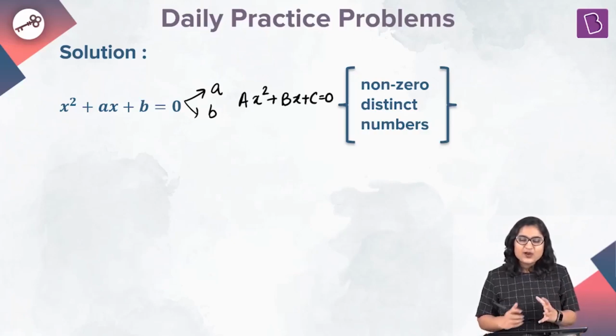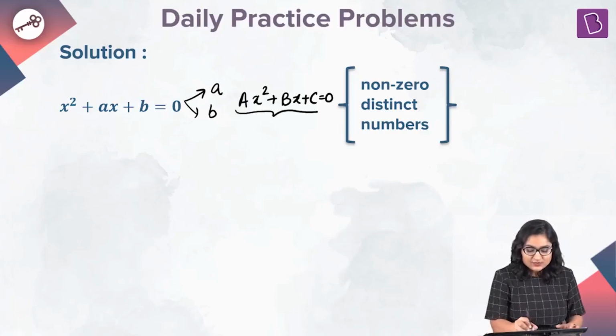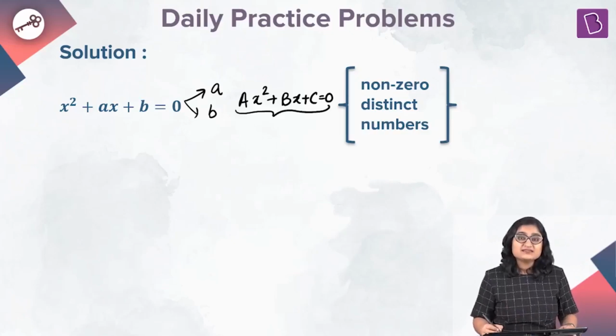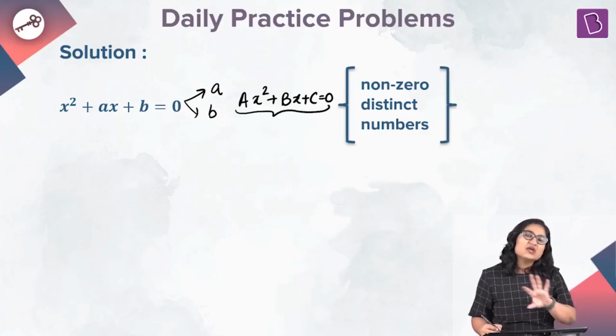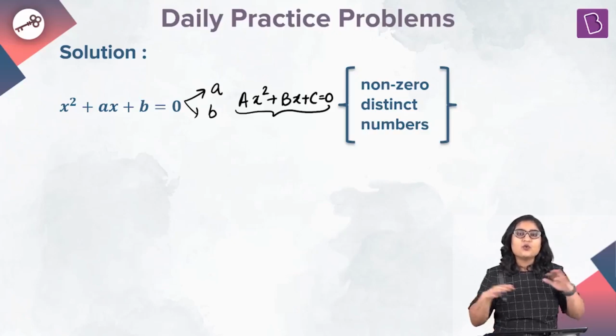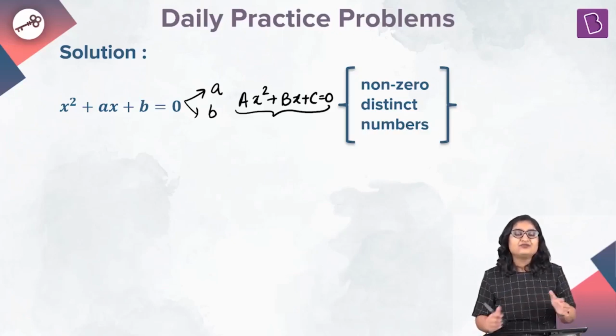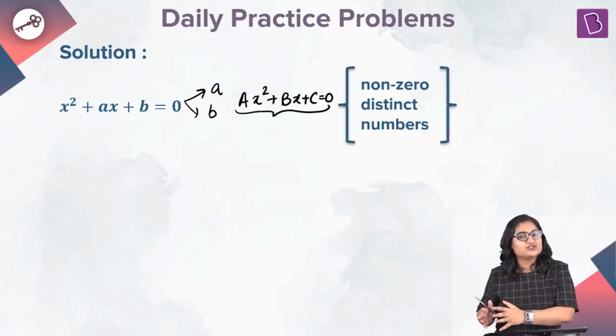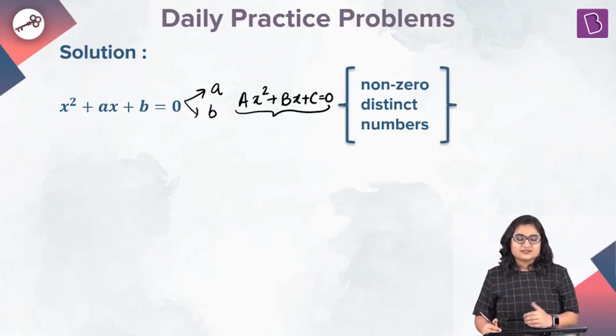Now, you must be wondering, why did I take capital AX square plus capital BX plus C equal to 0? It's because we are already having small a and small b in the given quadratic equation. So just to avoid that confusion, I have taken the standard quadratic equation with capital constants. So we have capital AX square plus capital BX plus capital C equal to 0.